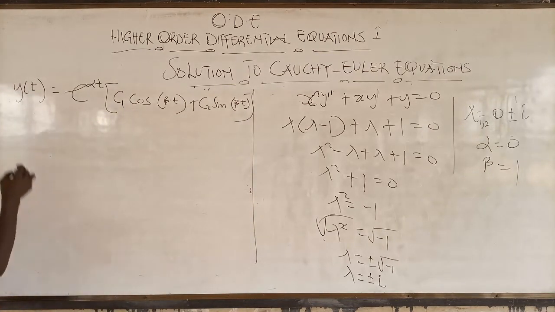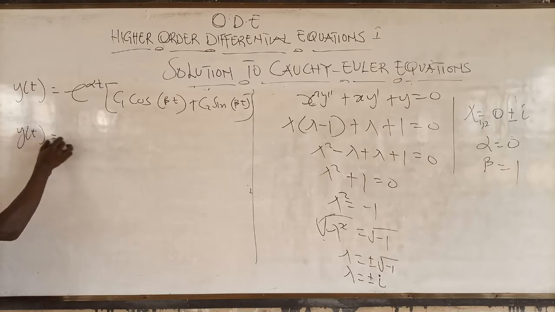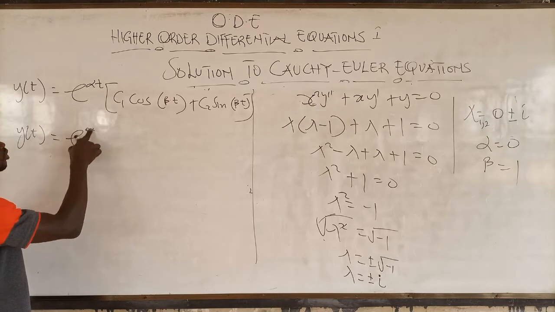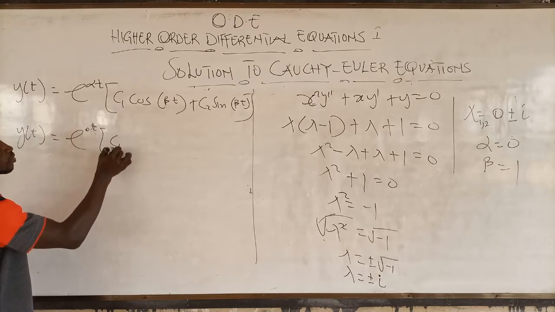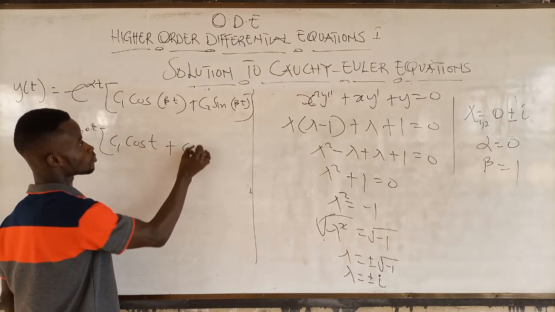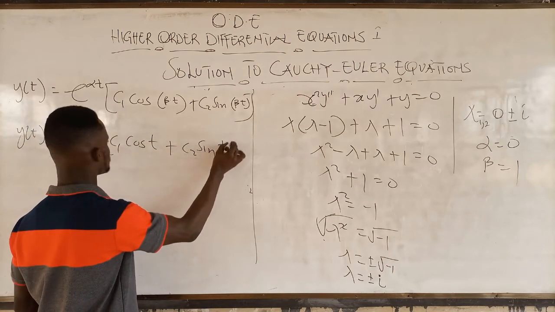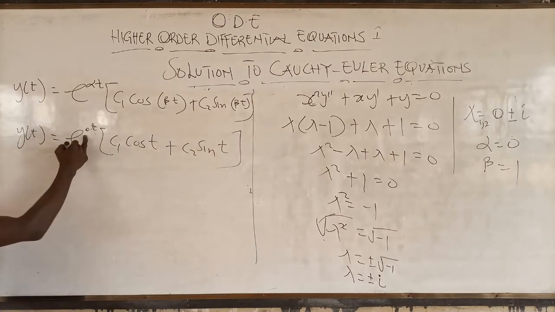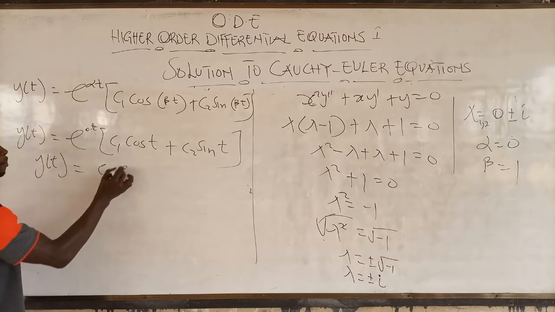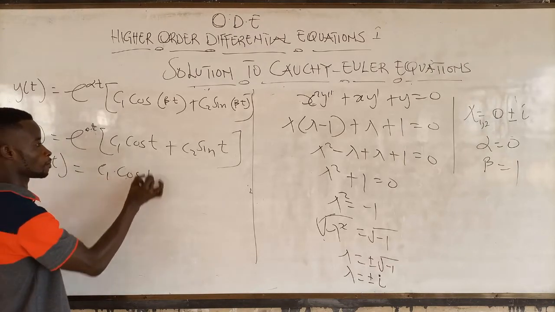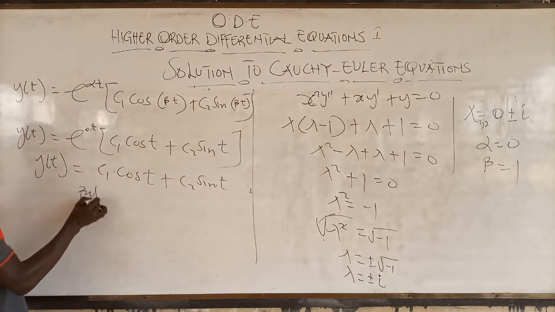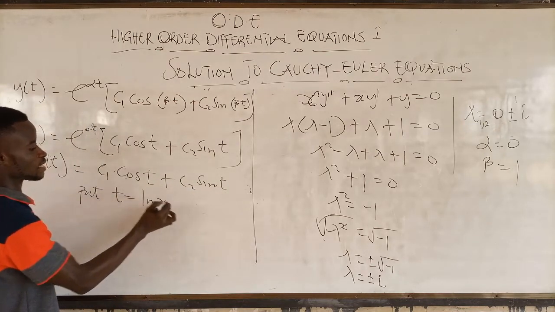So we do the substitution. y of t is equal to alpha is 0, 0 t. Beta is 1, so t. Then we put t to equal to s.